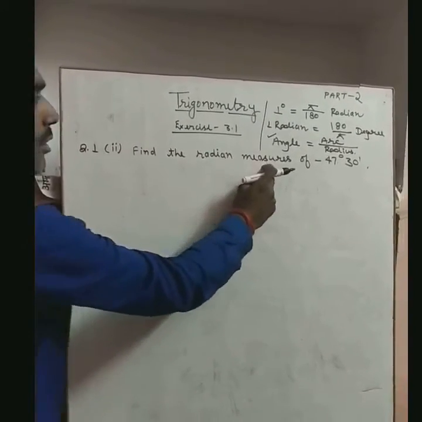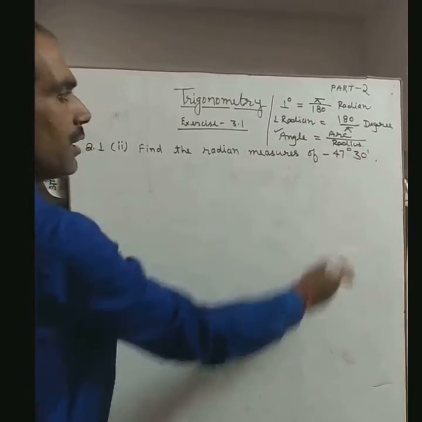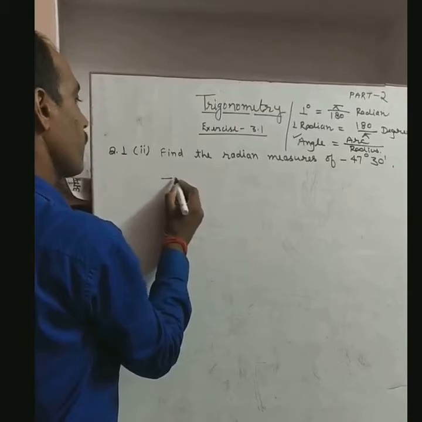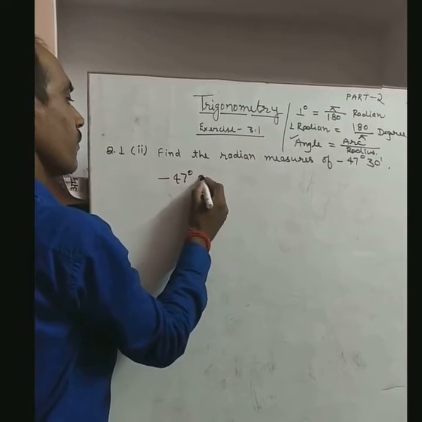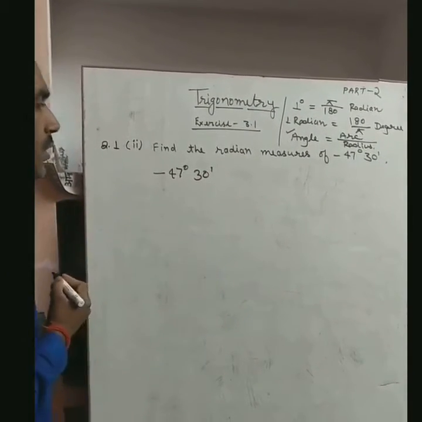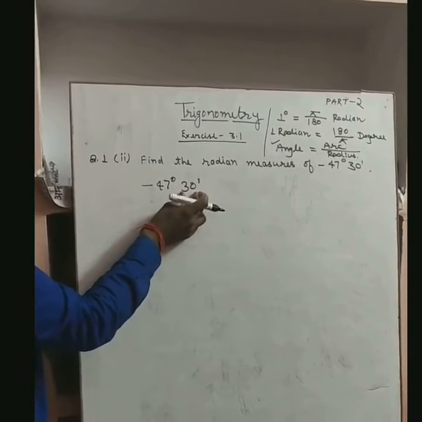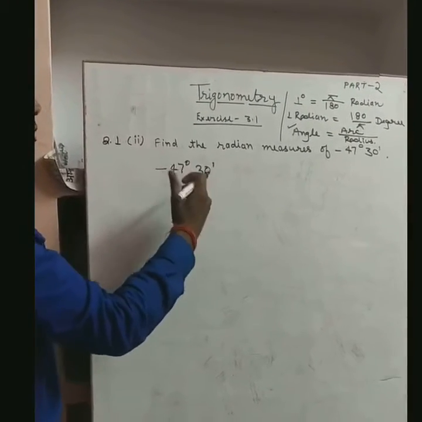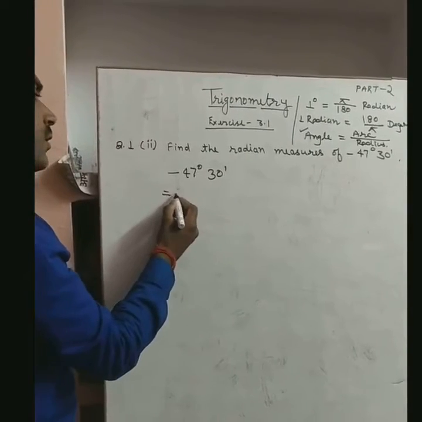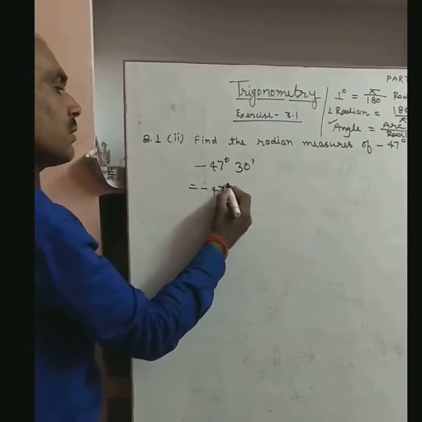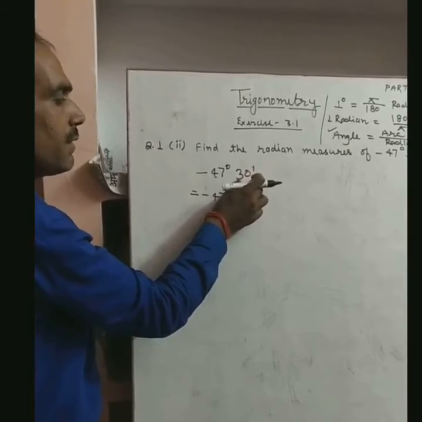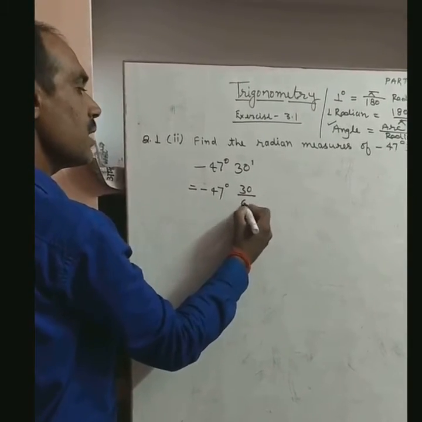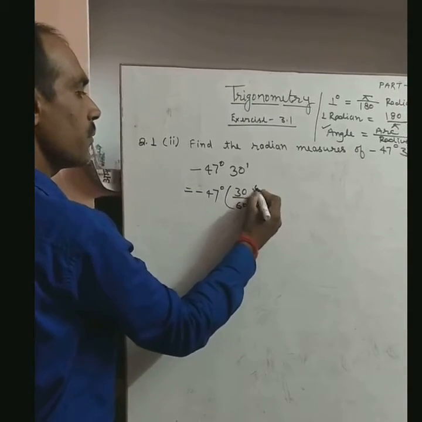Find the radian measure of minus 47 degree and 30 minutes. So this is minutes, so first we will convert it into degrees. Minus 47 degree, and 30 divided by 60 converts it into degrees.